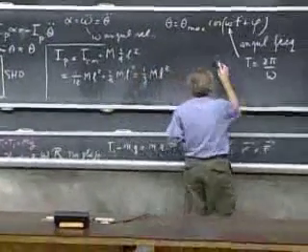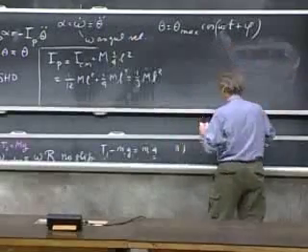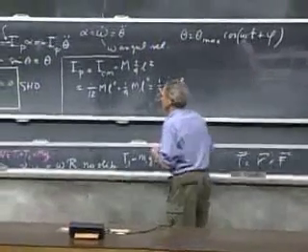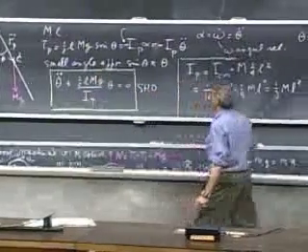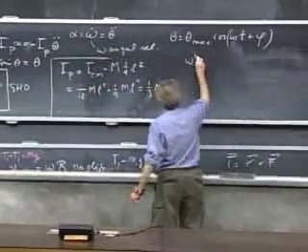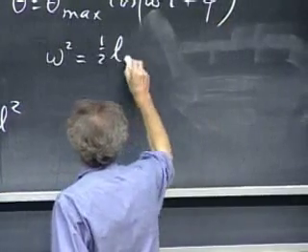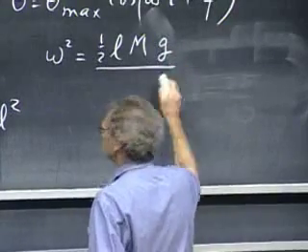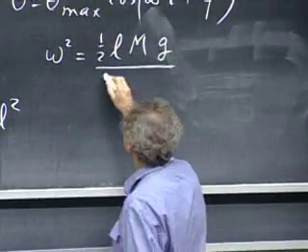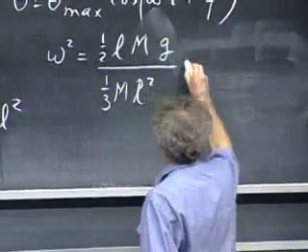So I know now what I of P is, and so now I can solve for the value for omega, the angular frequency. I'll do that here so that we keep everything on one blackboard. So this term here, omega squared, equals 1/2 L m g divided by 1/3 m L squared.